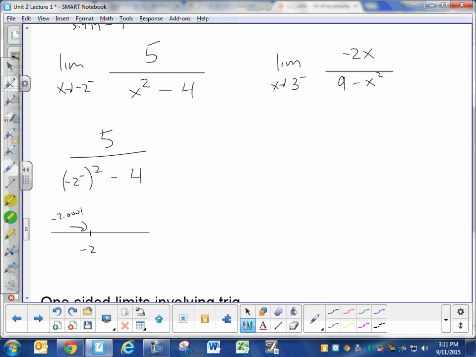If I take that value and square it, what I'm going to get is a number that is bigger than 4, just a little bit bigger. All of a sudden, this becomes 5 over 4 from the right minus 4.